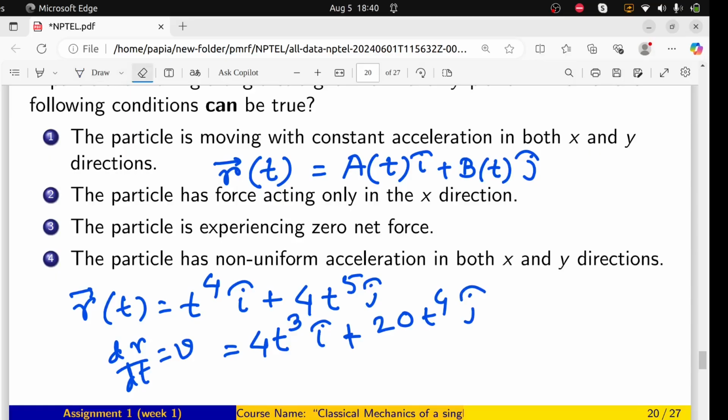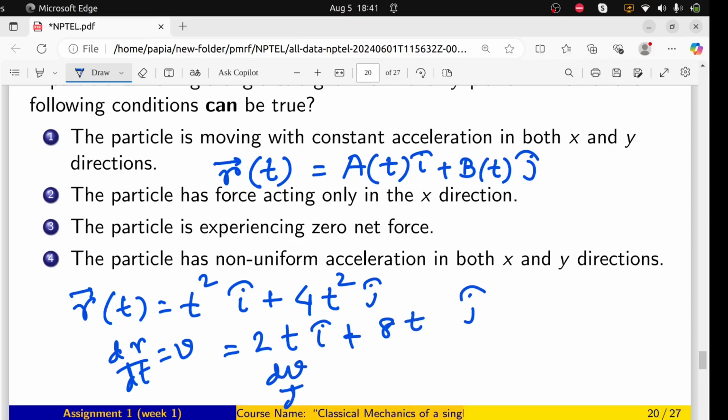No, I should write here t square, and this is also square. Just take an example like this. So our v will be 2t I cap plus 8t j cap.